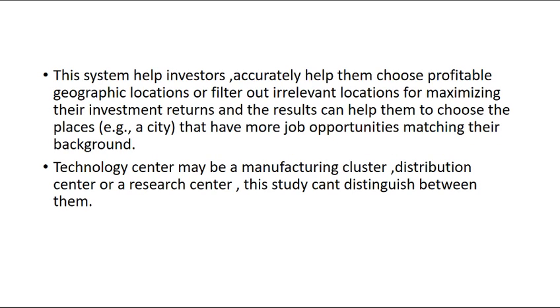The benefit of this system is a pretty big advantage for investors, because it helps them choose the profitable geographic locations and filter out irrelevant locations for maximizing the investments.